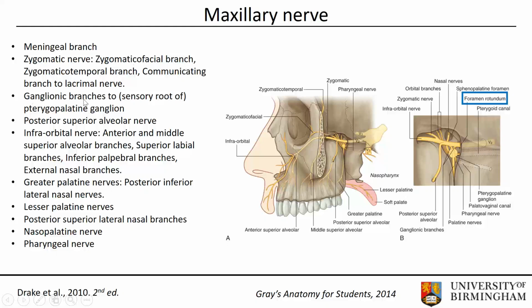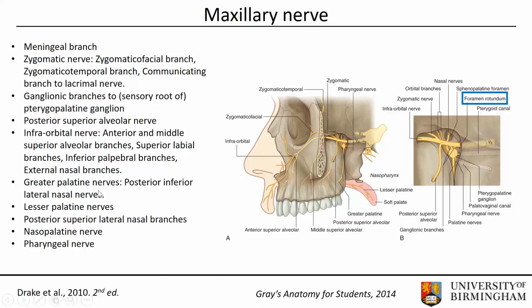Ganglionic branches to the sensory root of the pterygopalatine ganglion, posterior superior alveolar nerves or branches, infraorbital nerve, which gives the anterior and middle superior alveolar branches, superior labial branches, inferior palpebral branches, and external nasal branches.